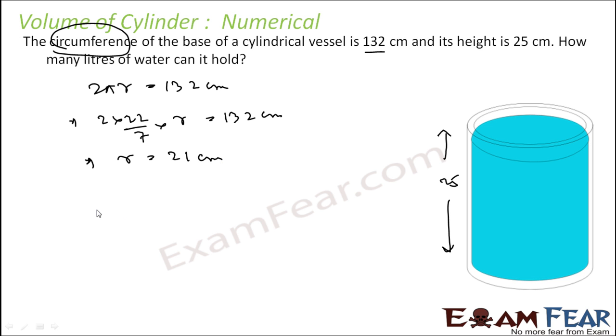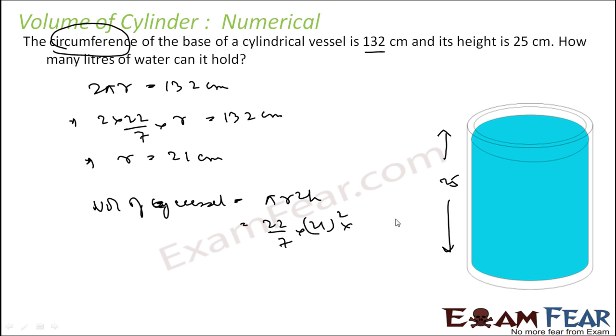Once we get the radius r, I can easily find the volume of the cylinder or volume of the vessel. Nothing but pi r square h. 22 by 7, r is 21 square and h is 25, and this will be centimeter cube. So you solve this, you get 34650 centimeter cube, but they are looking for the answer in liters.